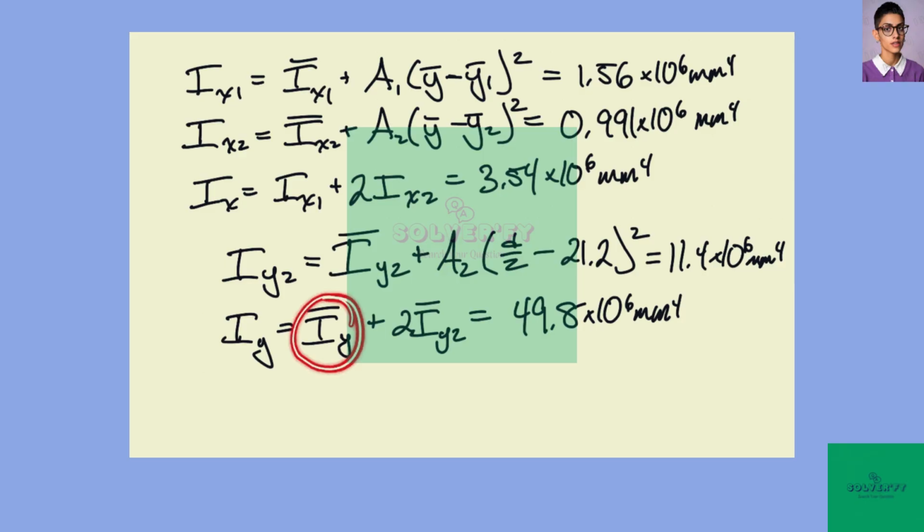So we have that, and then we can plug in, and actually this should not be a bar on top of here. And so we plug in and we get that the area moment about the centroidal y-axis is 49.8 times 10 to the 6 millimeters to the fourth.